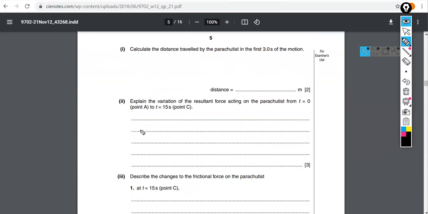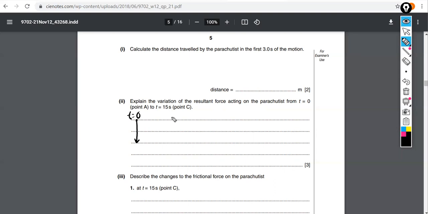I'd like you all to do that for yourself, but think back to what we just discussed, or if you're following along at home later, rewind the video and go through that until it makes a lot of sense. At time t equals 0, remember there's just the weight vector. Only weight, because you haven't picked up any speed. So there's no air that you're crashing into exerting any drag force initially at t equals 0. So the resultant force is just down due to weight.